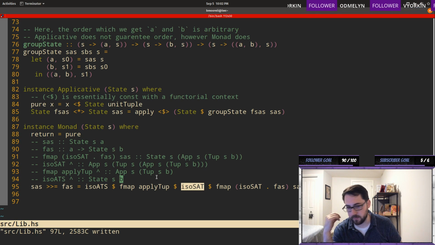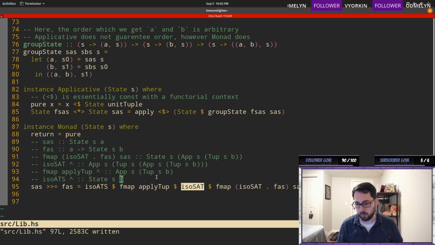Because if we were just writing the normal monad instance, we would just embed state and then flatten. But in this case, we're converting it to a state app. So we need to unroll the inner piece and then the outer piece. I think I'm saying that correctly, but probably not.